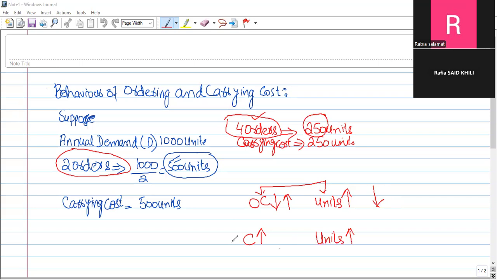Sorry, the carrying cost is represented: if units decrease, carrying cost also decreases.